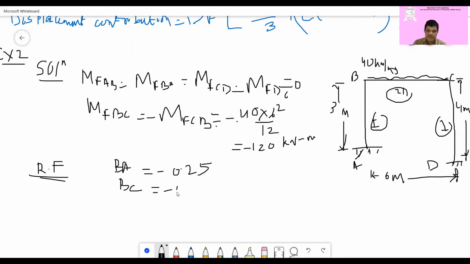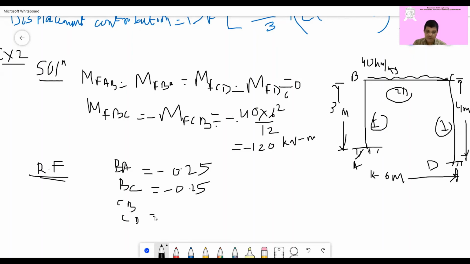Do your calculation by this table as we have done earlier, and take care here: 2I by 6 will be I by 3. Here it will also be I by 3, so the members have the same stiffness. Minus half means it will be half on each side, so BA and BC are 0.25.